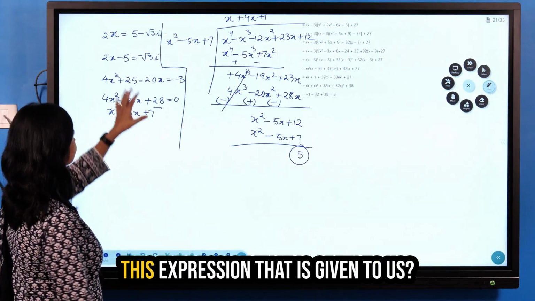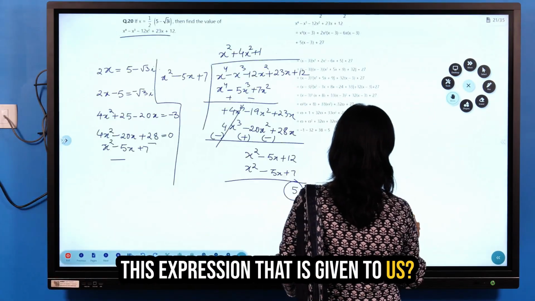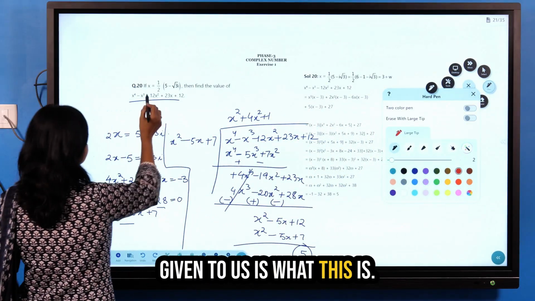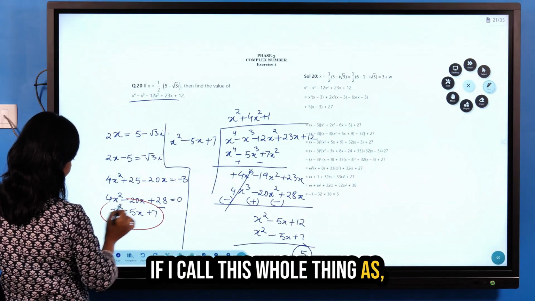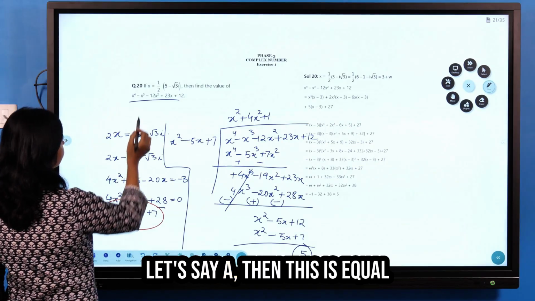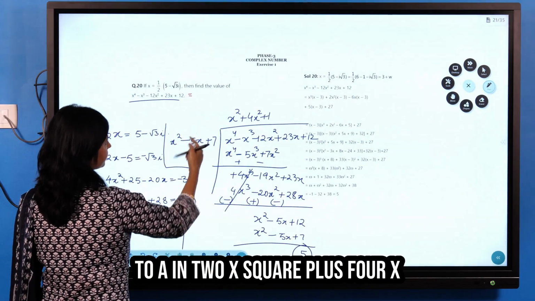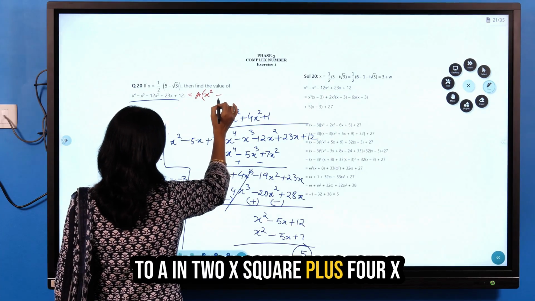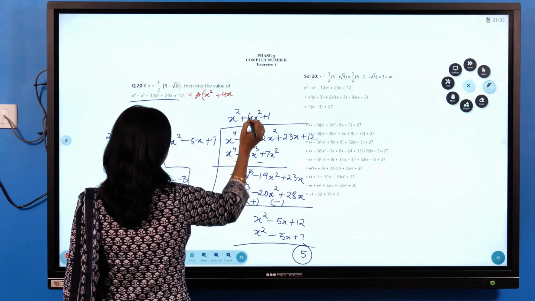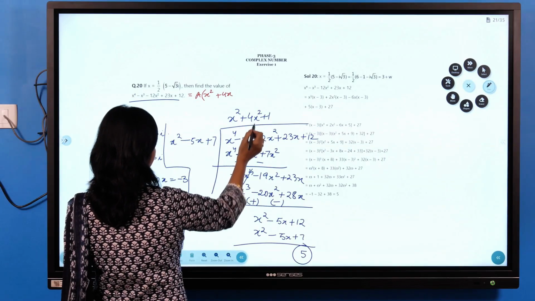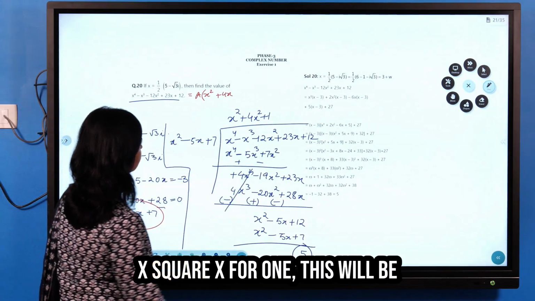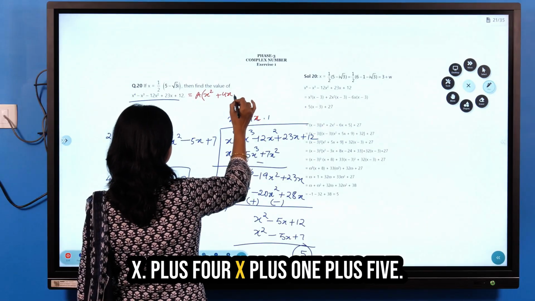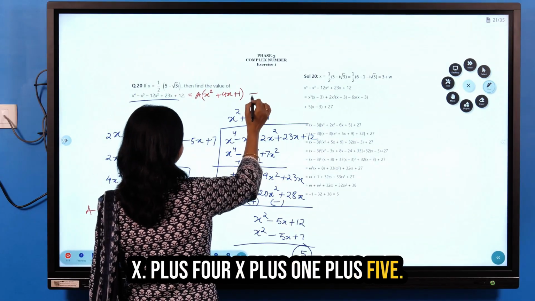So what does this mean? This expression that is given to us, if I call this whole thing, let's say, a, then this is equal to a into (x square plus 4x plus 1) plus 5.